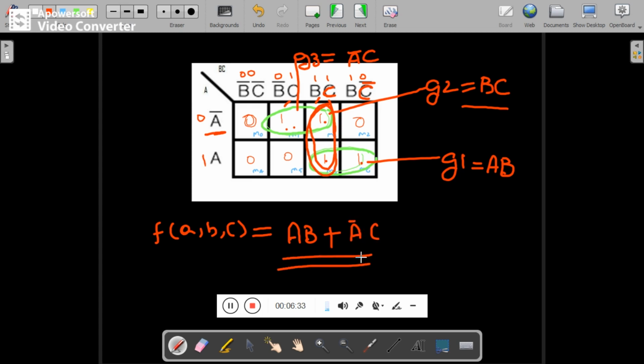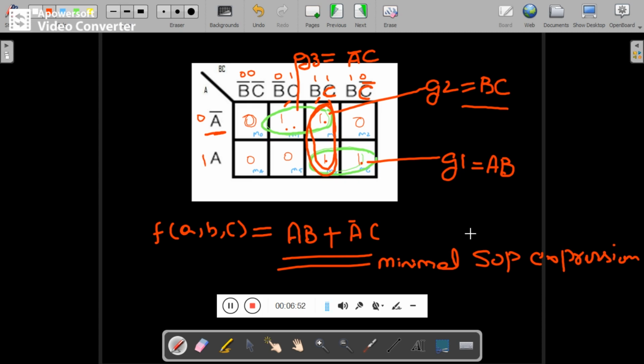This is called the minimal SOP expression.